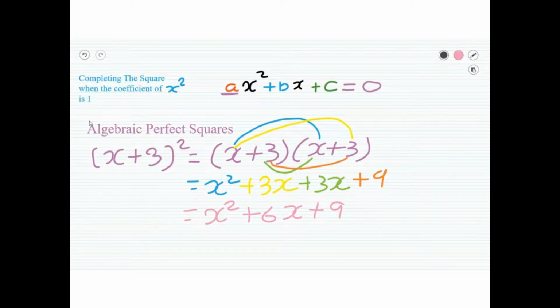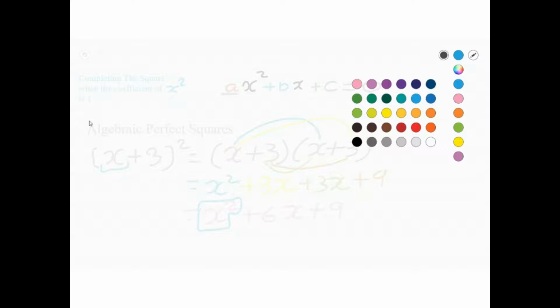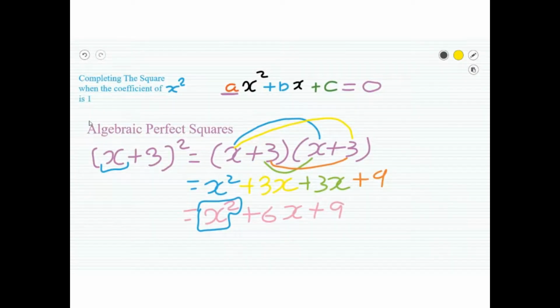Now, there's a shortcut because there's a clear pattern that happens here. If you look, the first term is squared. X squared gives me x squared. The second term is what we call the cross term. I use yellow for the cross term, which means you're multiplying these two things by each other, 3 times x, but that thing is doubled.